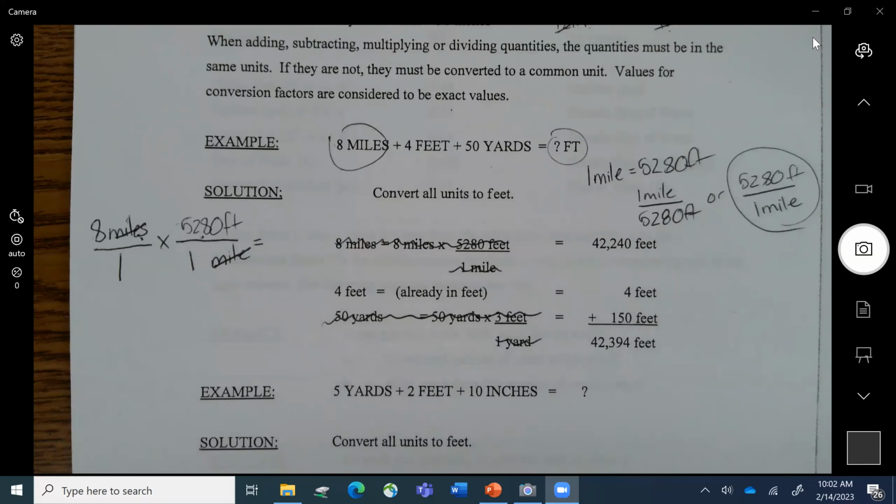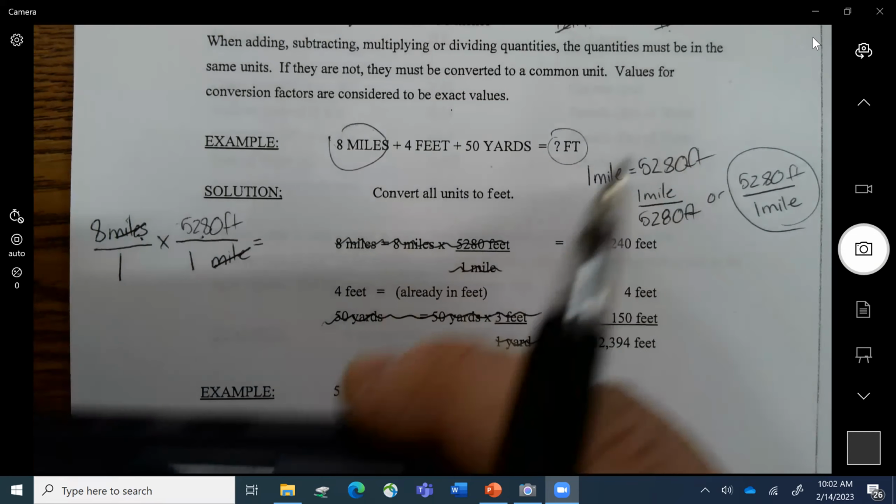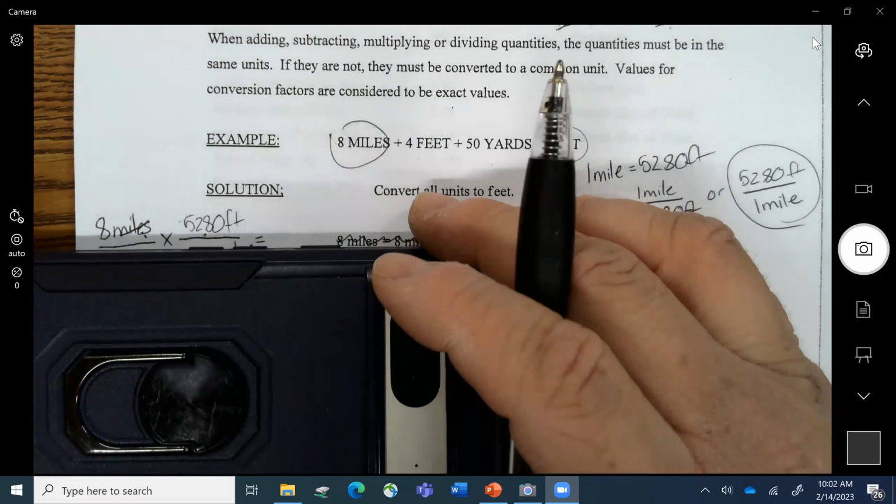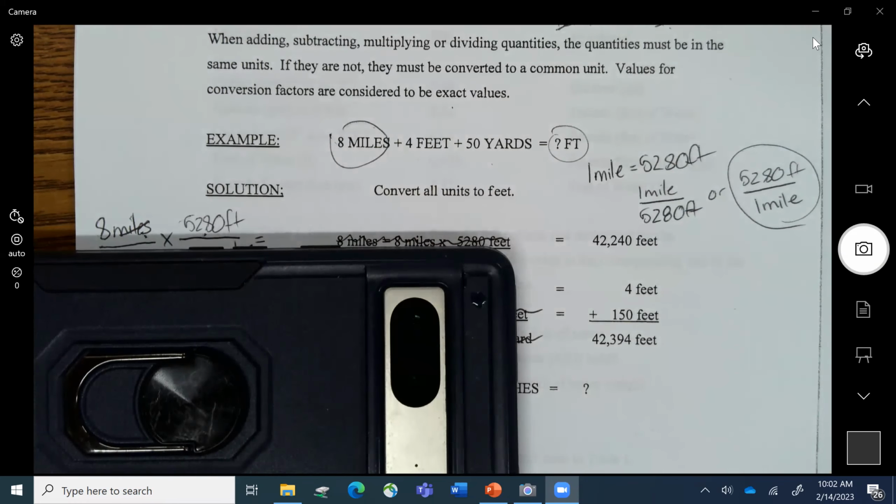Okay, so the next big problem that a lot of people have with these is how do you do the math on these, okay? I'm promising you right now in stoichiometry, these will be longer than 1 step, almost always, but for today, it's going to be 1 step. How do I do the math on this? Well, that looks like it says 8 times 5,280 feet, doesn't it?